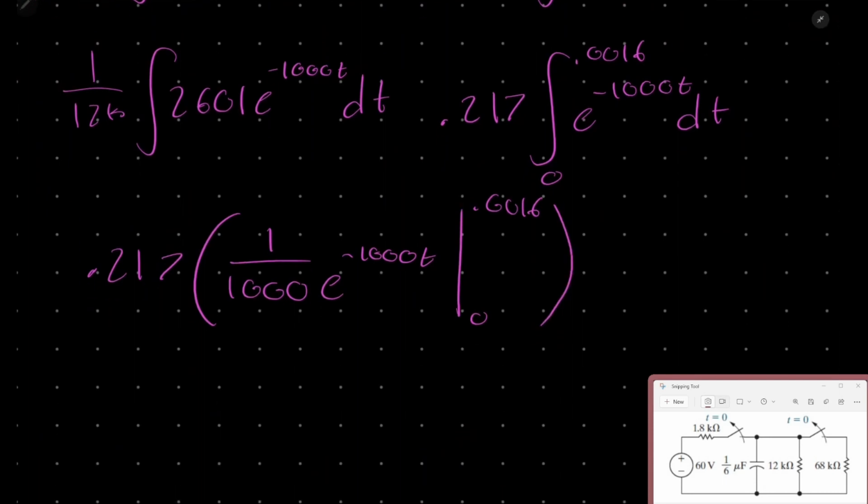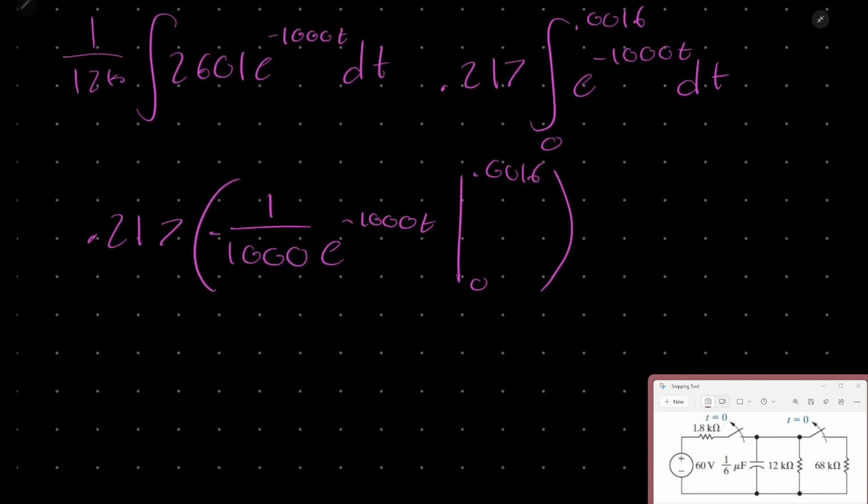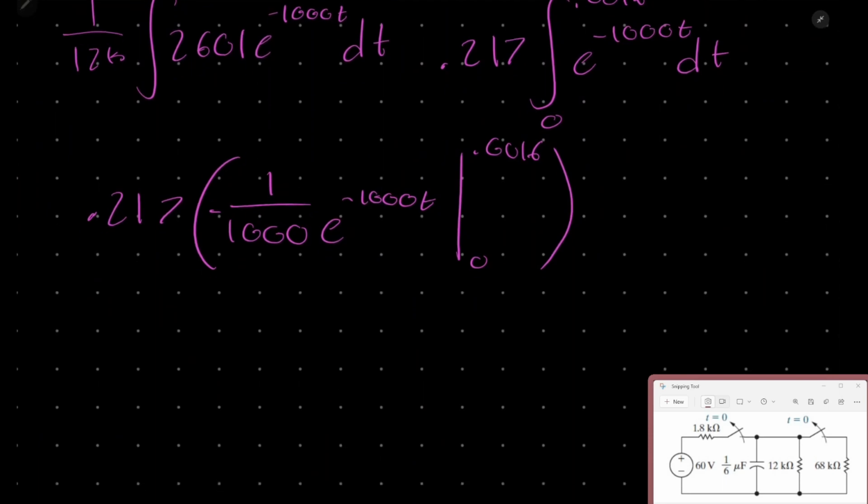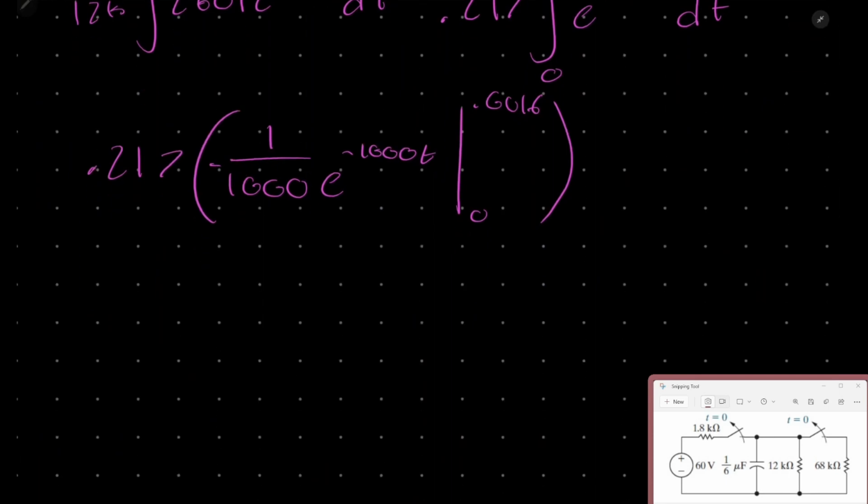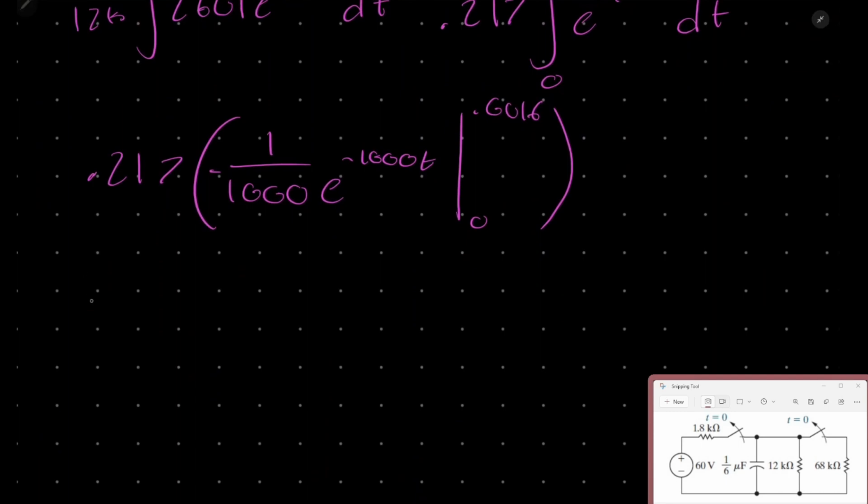Now we can pull this negative 1 over 1000 out again. And in doing that, we will divide this 0.217 by a negative 1000, and we get a really small number of negative 2.17 times 10 to the negative 4.